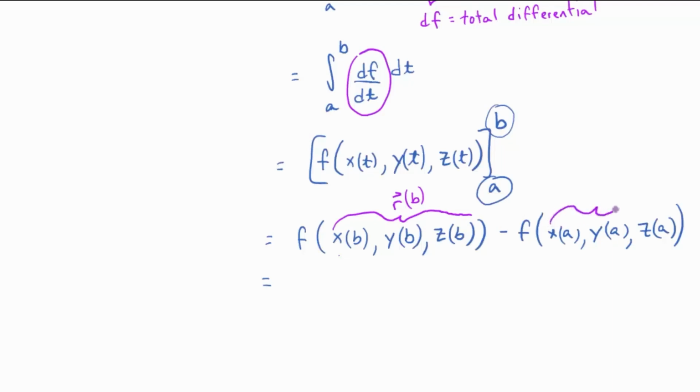And x of a, y of a, z of a is really just r of a. So another way to write the formula is that the value of that line integral is f of r of b minus f of r of a. And that really is reminiscent of the original fundamental theorem.